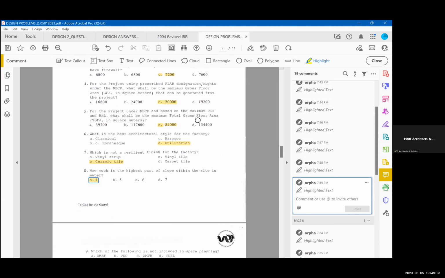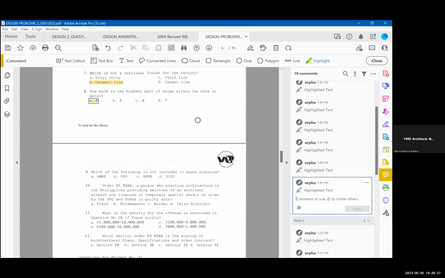Number 9. Which of the following is not included in the space plan? A, AMBF, B, PSO, C, AMVB, D, TOSL. So the answer here is C, AMVB.